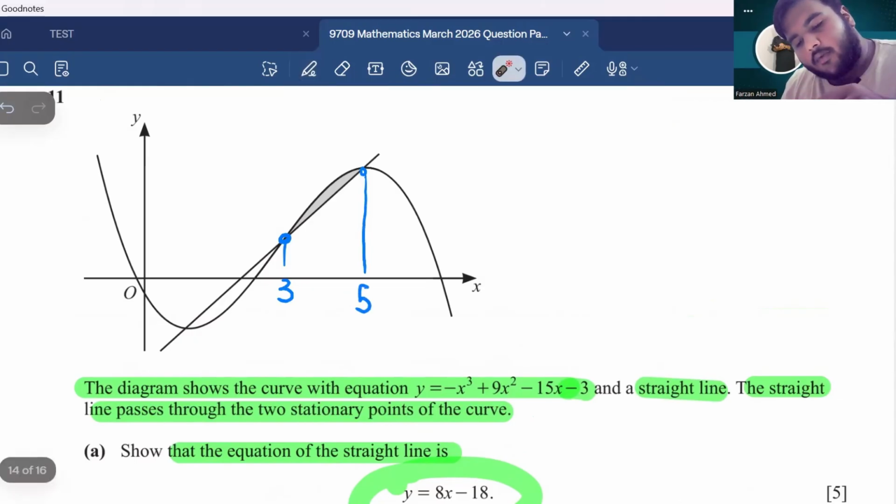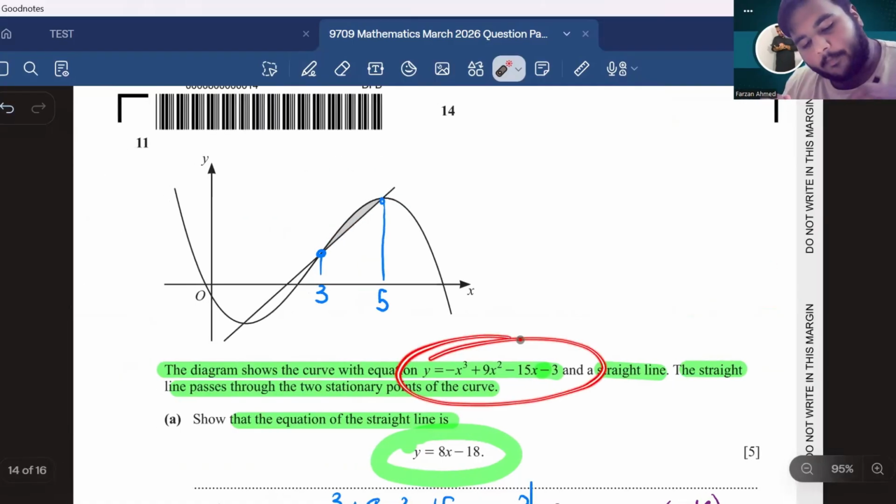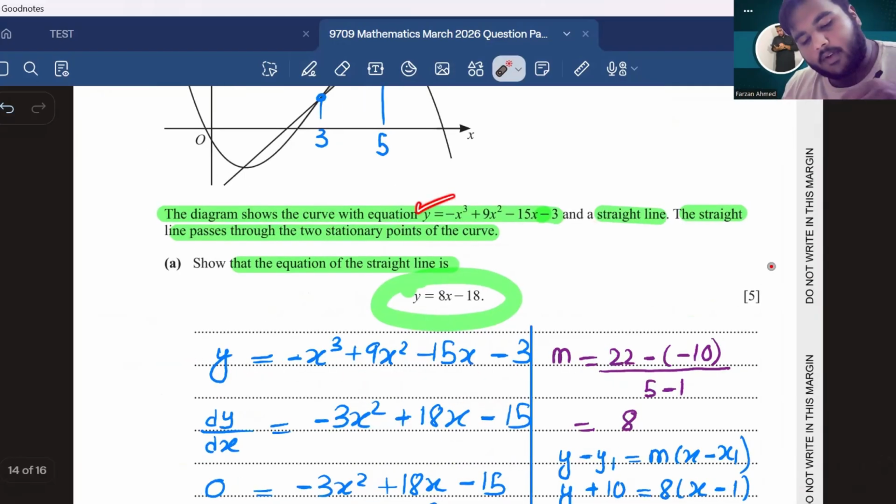We have to find the area of the shaded region. To find it, we have two equations. We will solve them simultaneously, and after that, we will integrate.